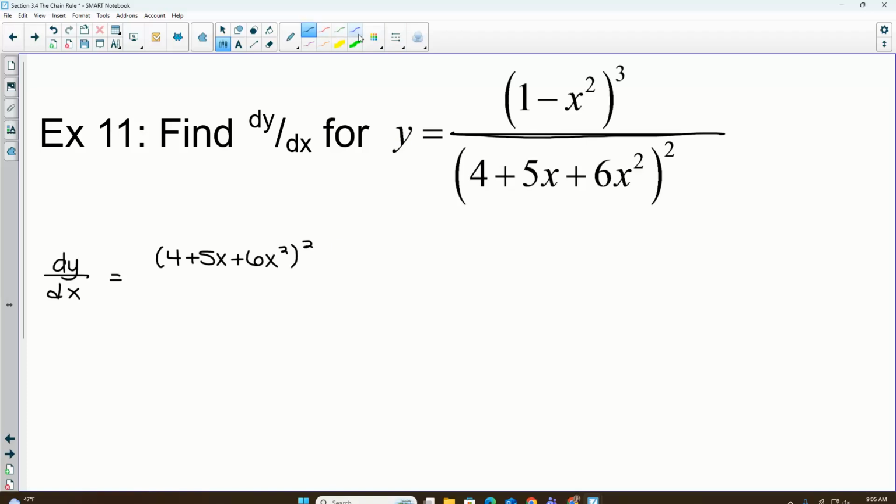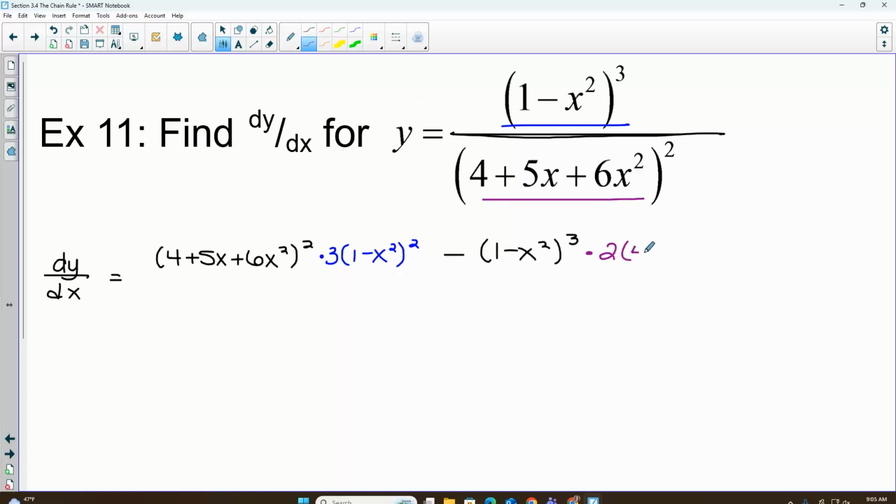So the derivative of the top. 3 comes down, inside stays the same, subtract 1 from your power. Minus high d low. So the derivative of the bottom.